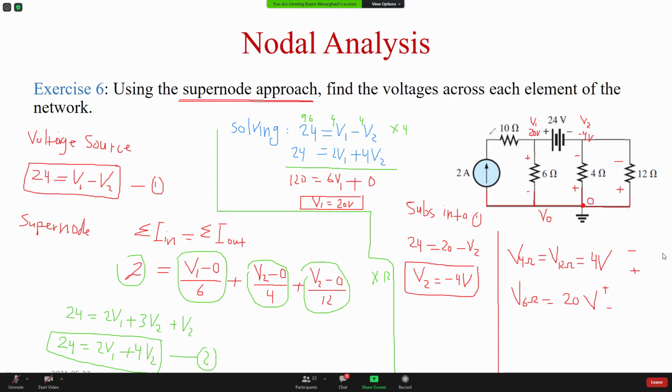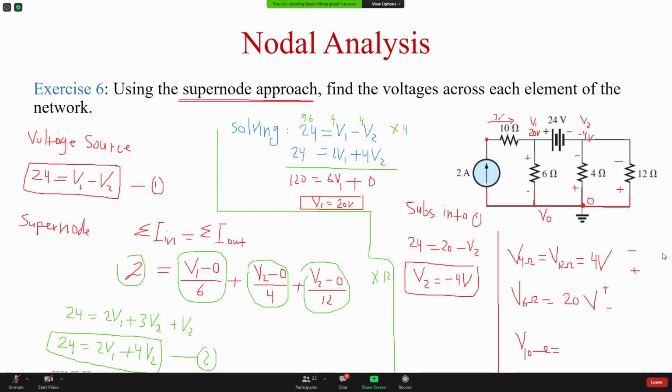And the 10 ohm, I know the voltage at this side is 20, but I don't know the voltage here. So I can't find it from that, so I find it from the current. In the 10 ohm, I can find it using Ohm's law, because I know the current here.